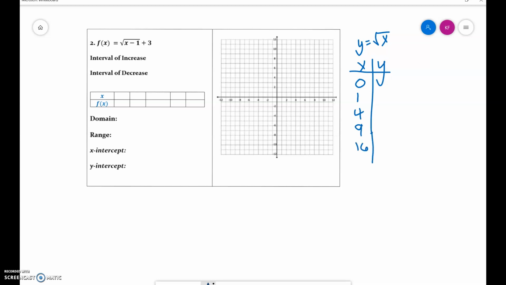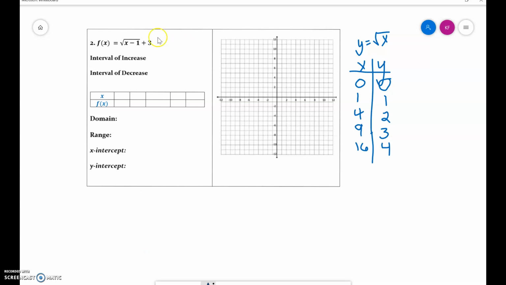Because then when you go to take the square root of all of those values, you will end up with a whole number. So the square root of 0 is 0, the square root of 1 is 1, the square root of 4 is 2, the square root of 9 is 3, and the square root of 16 is 4. And so these are kind of our parent graph shapes.